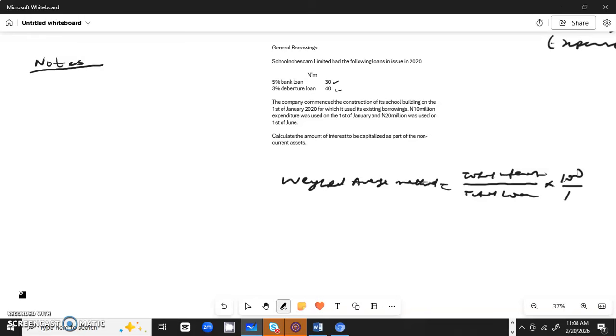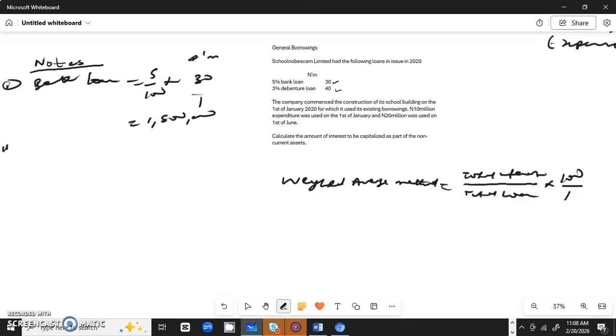Notes, number one, for the bank loan, like I said in my previous video, the loans are always annual. Bank loan, we have 5% of 30 million. That will give us 1,500,000.